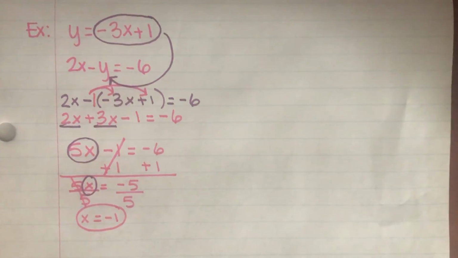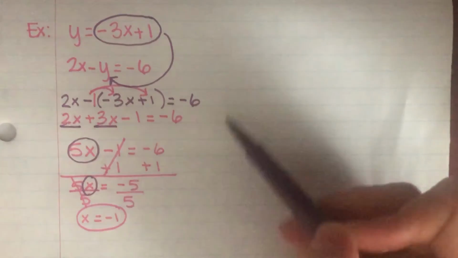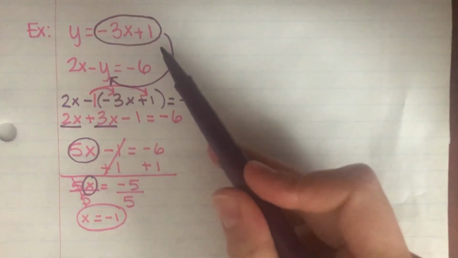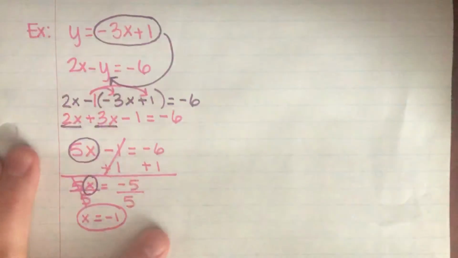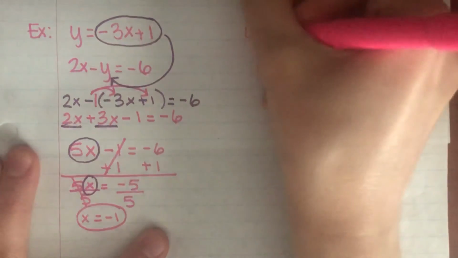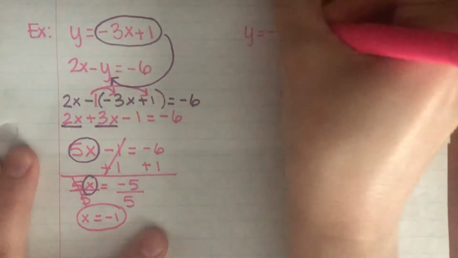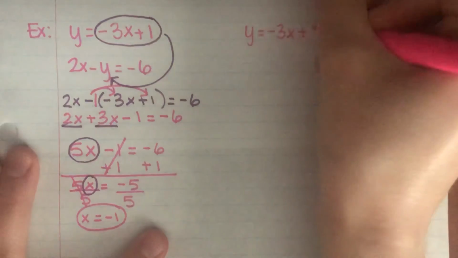All right, so we've solved for x, and now we still need to solve for the value of y. So I need to take x and substitute it back into one of my original equations. It doesn't matter which one, I can choose. I'm going to choose the first one. So this is y equals negative 3x plus 1.